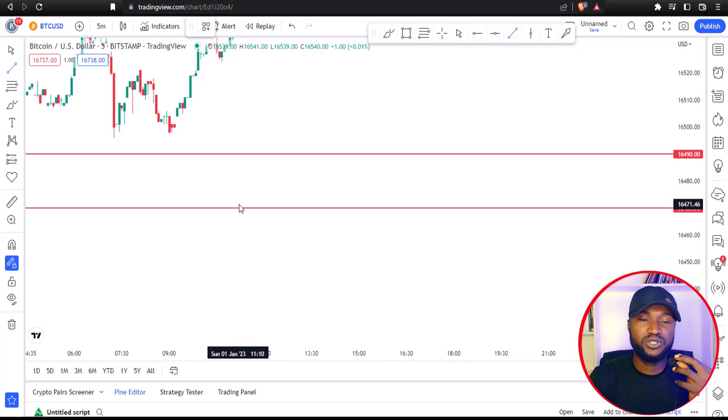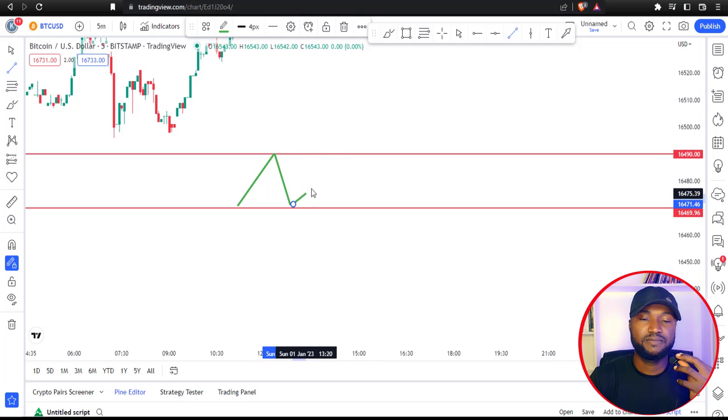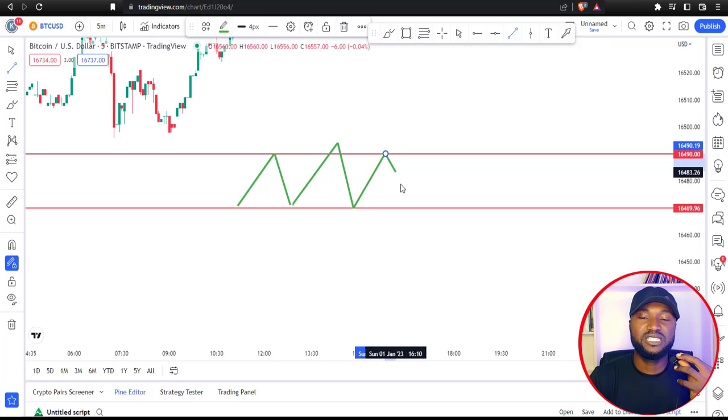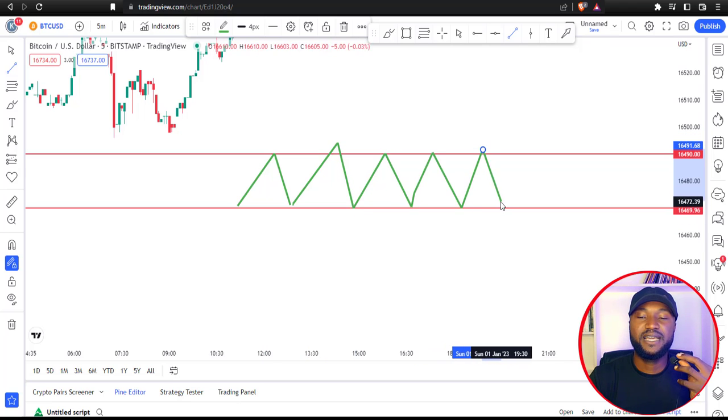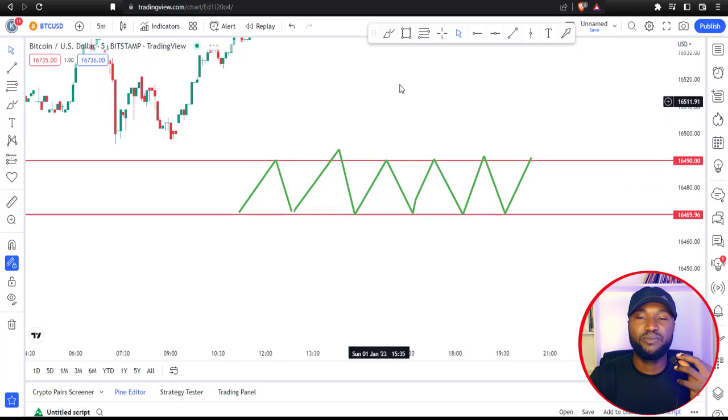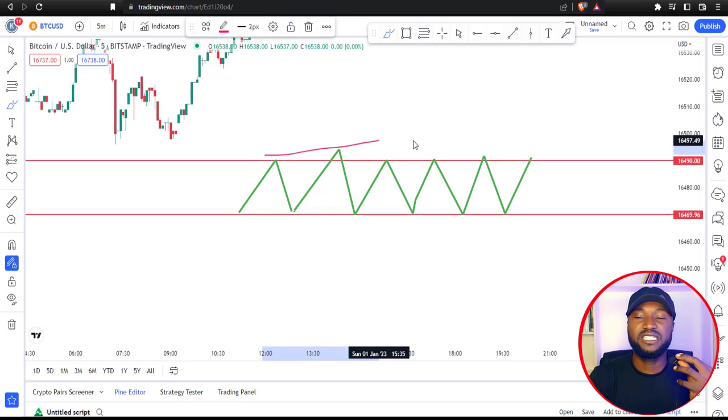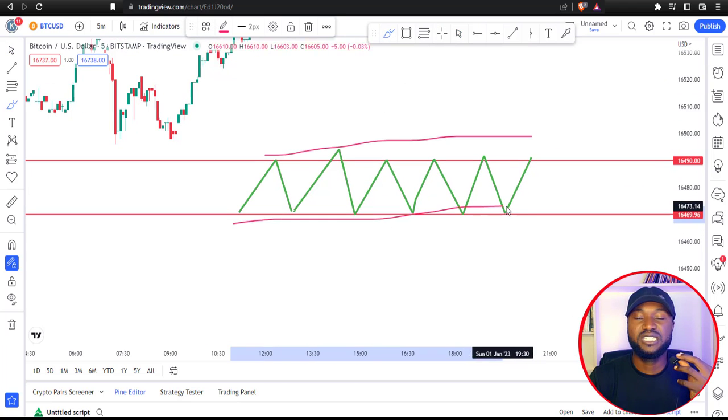From this level, it pushes up to this level, came down to this level, moved up to another level up there, and then came down again. It's just acting within this level. This is known as a consolidating market or a ranging market as a whole. We can see that it has been bouncing within this resistance and support level.